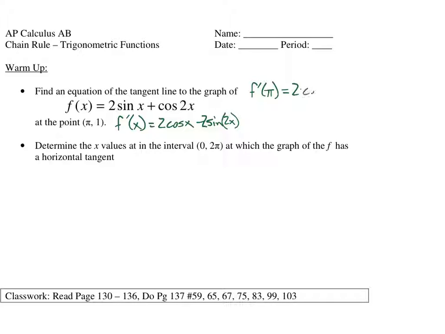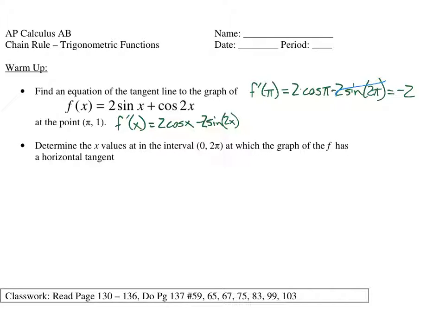2 times the cosine of pi minus 2 times the sine of 2 pi. Well, thankfully the sine of 2 pi is 0, so that whole thing is 0. Cosine of pi is negative 1, so this is a slope of negative 2.